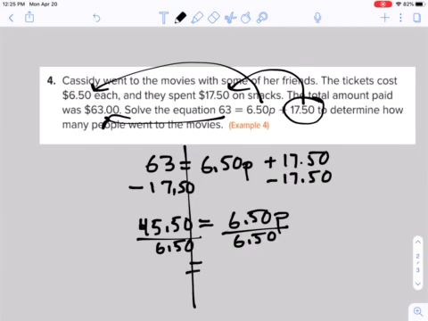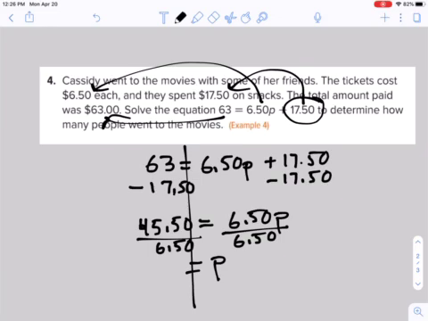Now, before we get an answer, I want you to think about something. If you were to do this and you got some answer, and supposing you got like 6.9 or 8.5 or something, would that make sense? And that's the big thing. I want you guys to focus on the fact that math should make sense.